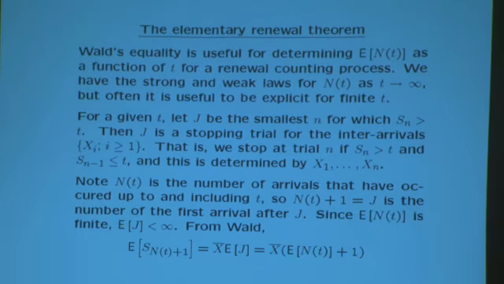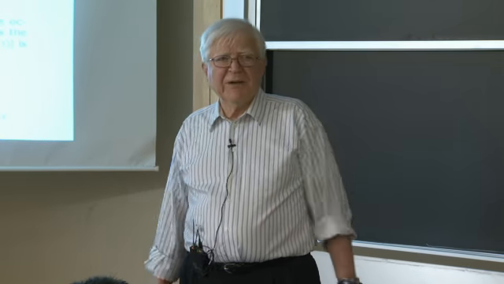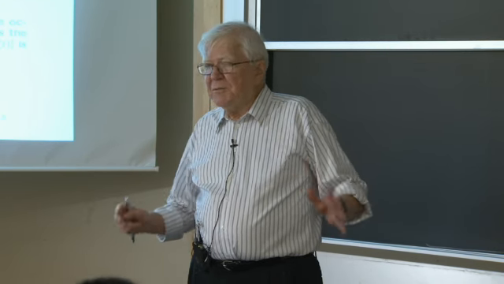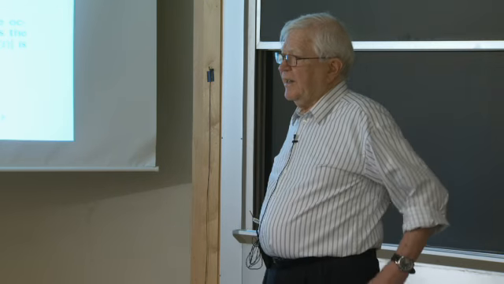Okay, so we got Wald's equality. What I want to do today to start off with is to do the elementary renewal theorem, which is a kind of a strange result. Wald's equality, you can use it to determine the expected value of N of t. Now, why do we want to determine the expected value of N of t? We already have shown in great generality that there's a very nice, with probability 1 type limit theorem associated with N of t over t.